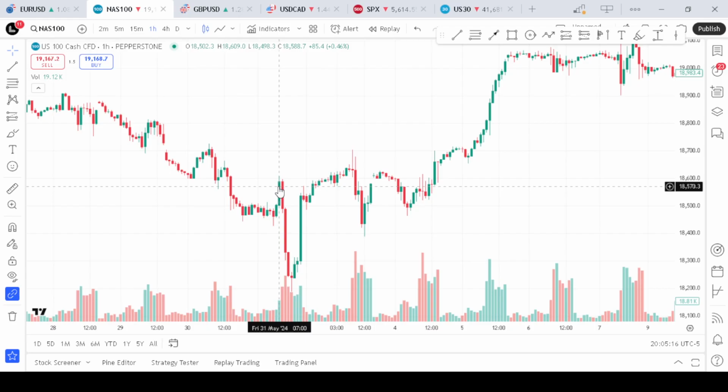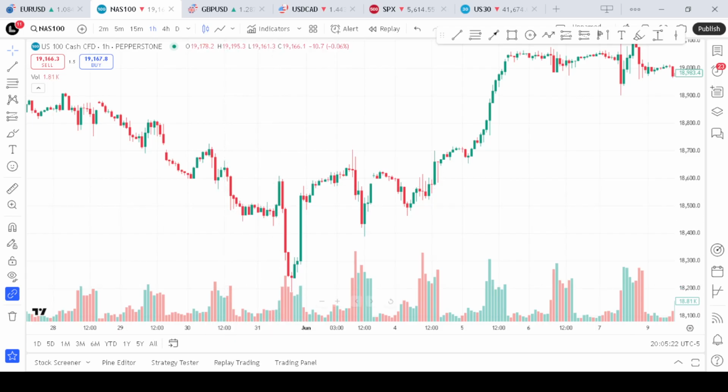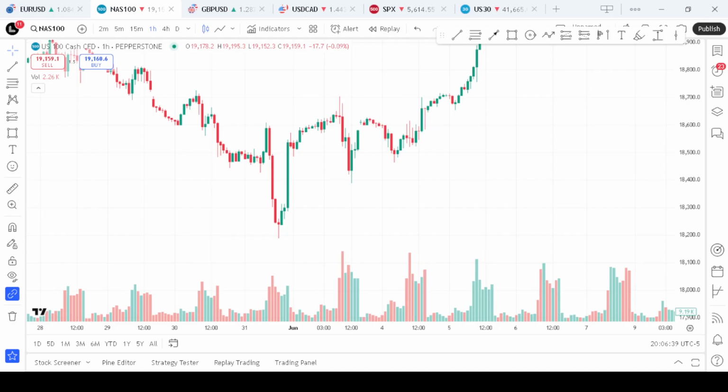Now let's break down this pattern. The bullish trusting pattern is a two candlestick pattern that signals a potential reversal in a downtrend.